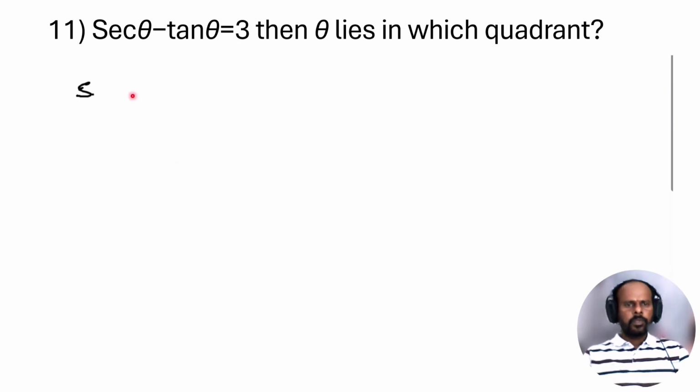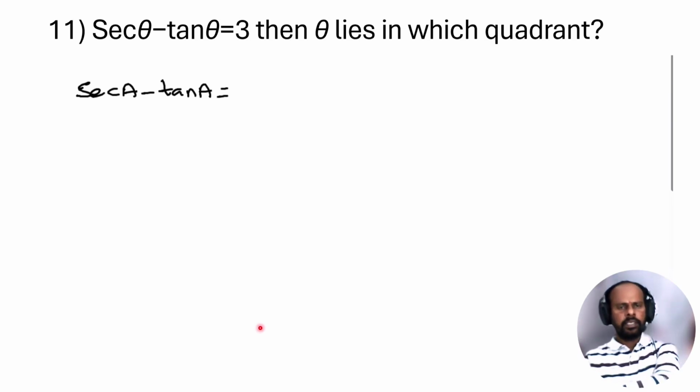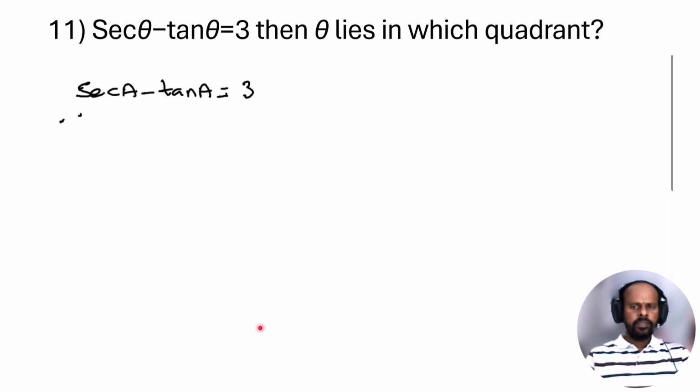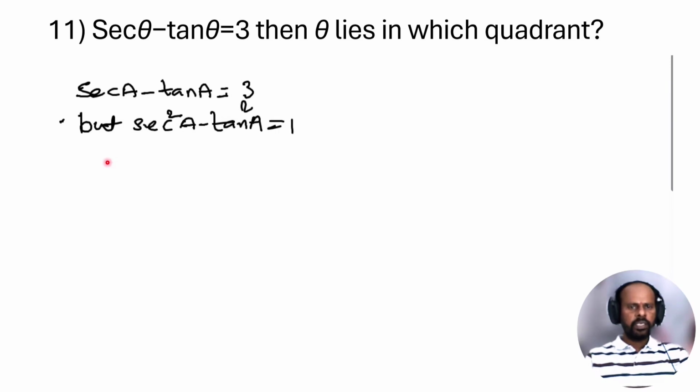So it is given sec theta minus tan theta equal to 3. And now by using the identity, sec square theta minus tan square theta equal to 1. And next you can write this in the form of a square minus b square, (sec a minus tan a) into (sec a plus tan a) equal to 1.